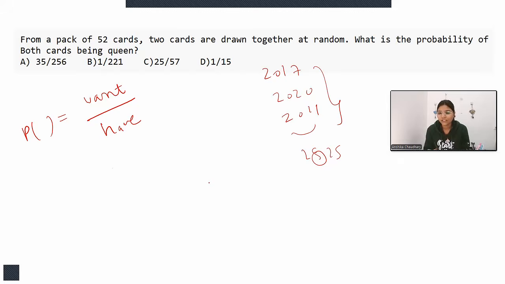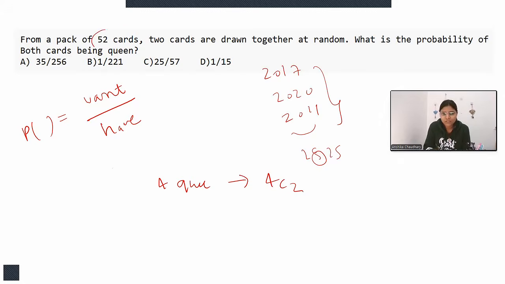So, in general, from 52 cards, how many queens are there? Four, right? Four queens in total. Now, from these four queens, we want two queens, right? So it would be simply 4C2.